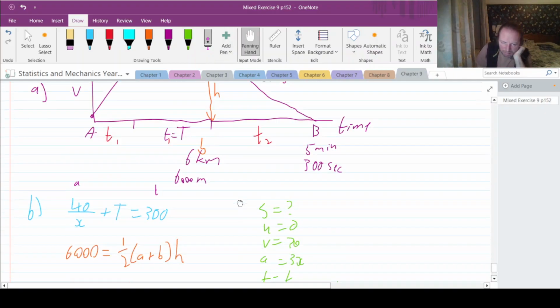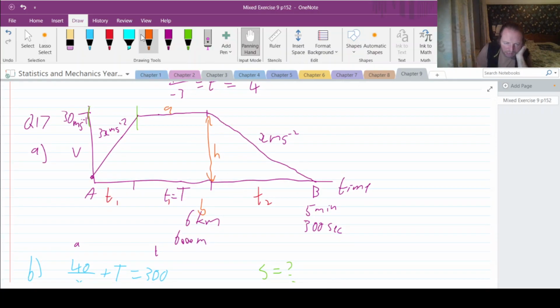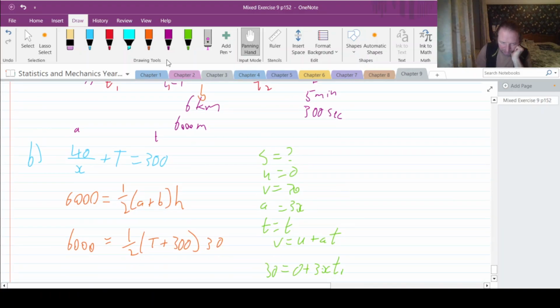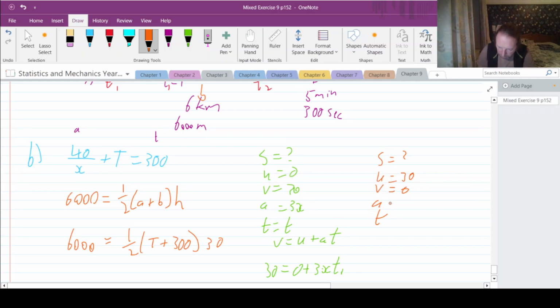If I do the same up here for this section, and if I make SUVAT for the second half of that, again I don't know my distance, my initial was 30, my final was 0, my acceleration was minus x, and then my time I'm calling t2.